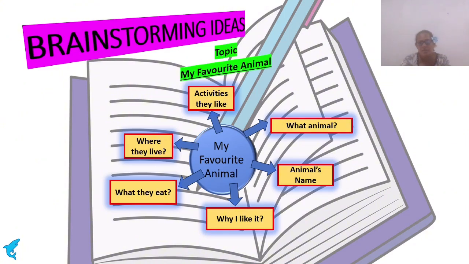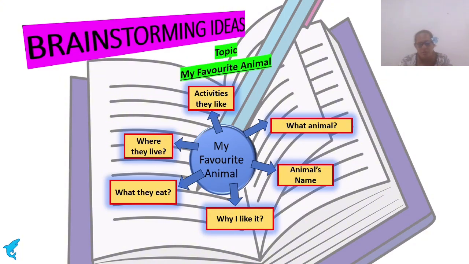The animal that I'll be talking about is dolphins. The second point is the animal's name. Since my animal is a dolphin, my dolphin can be named Betty.